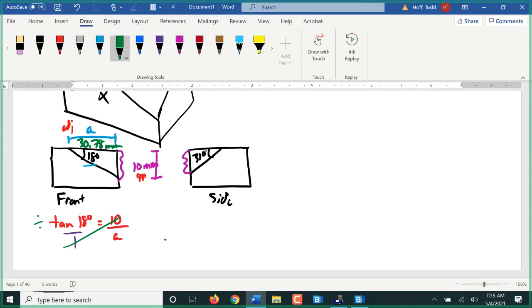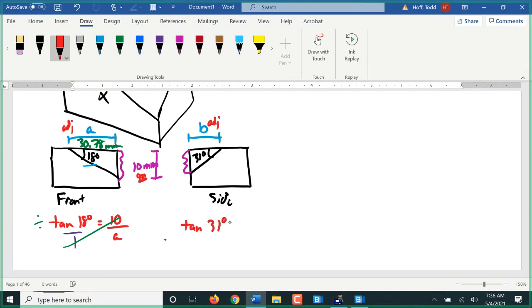Next, we'll come over here to the 31. We'll look for this dimension here, which I'll call dimension B. And again, according to the 31, the 10 here is the opposite side, B is the adjacent side. So we're again dealing with a tangent.